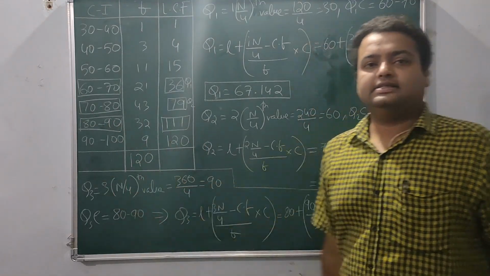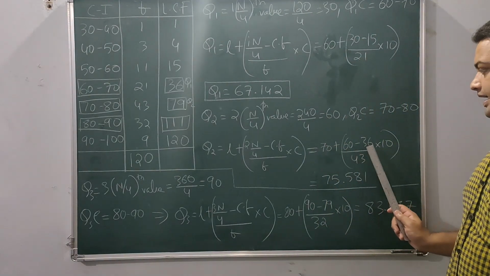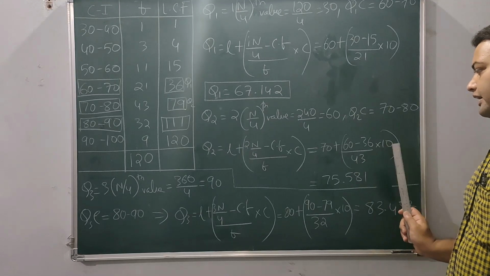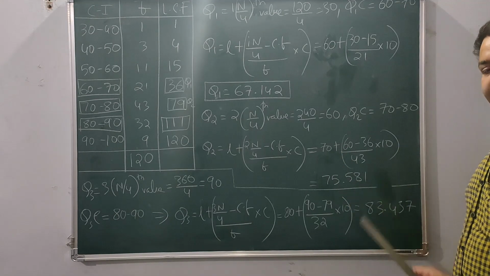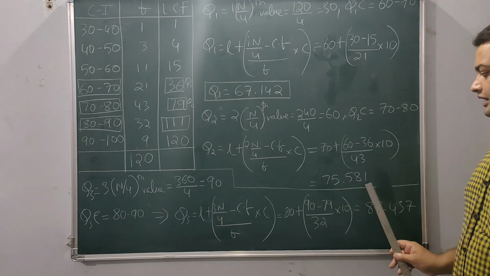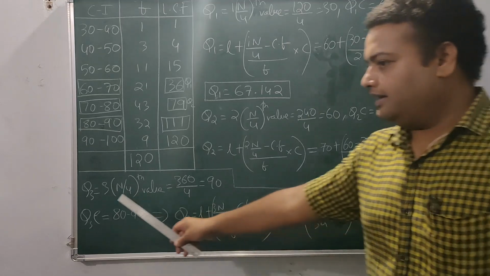The class width here is 10. So therefore 70 plus 60 minus 36 divided by 43 into 10, that is 70 plus 5.581, which is 75.581.